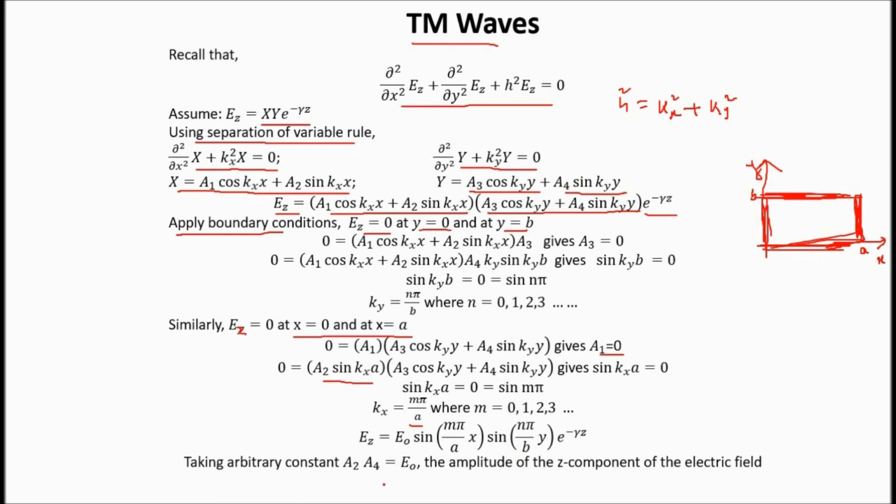So now we obtained a3 equal to 0, a1 equal to 0, kx equal to m pi over a, and ky equal to n pi over b, and we also find a4 and a2. So we write that a4 times a2 is equal to the magnitude of the electric field. Therefore the final expression of electric field is Ez equal to E naught sine m pi over a times x, sine n pi over b times y, times e to the power negative gamma z.